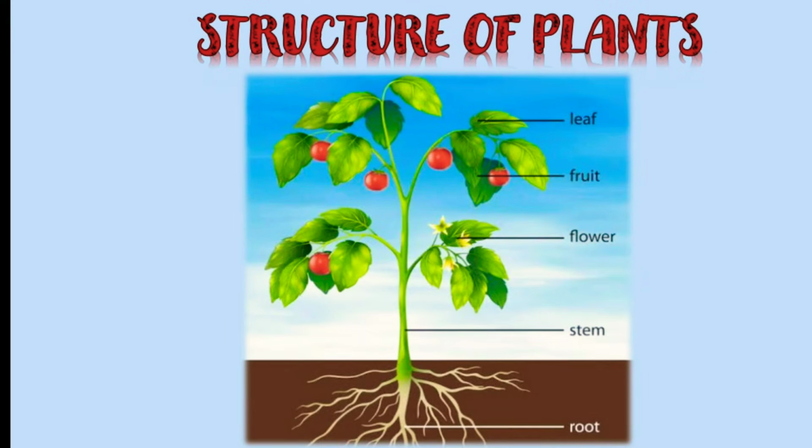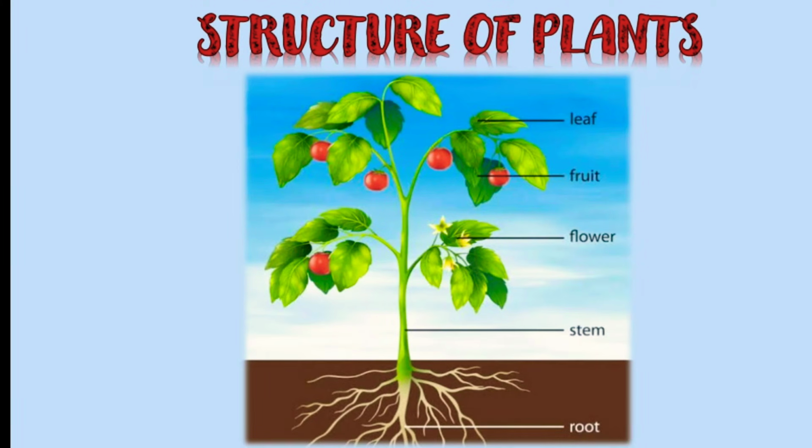Now we will study the structure of a plant. Plants can generally be divided into two parts: the stem, which grows above the ground, and the roots, which grow below the ground. Which are the main parts of the plant? The root, stem and leaves are the main parts.